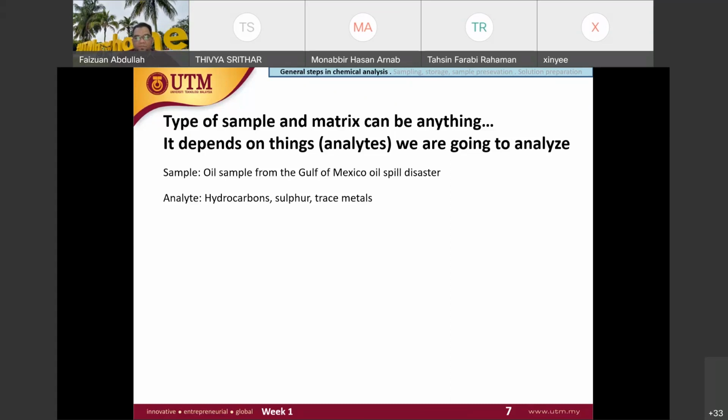Because if you become an engineer one day, you need to apply this knowledge on how to take a sample from the seawater to analyze whether it is polluted or not and so on. A lot of my friends, as petroleum engineers, we call them back to give a talk to the students.